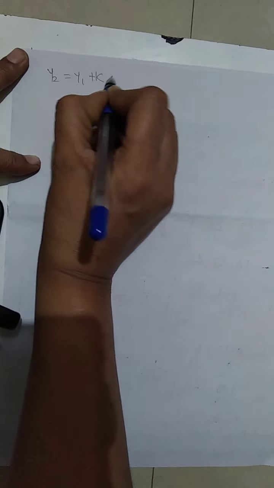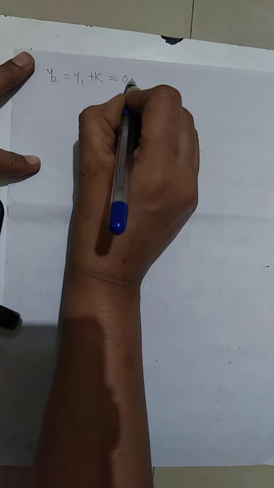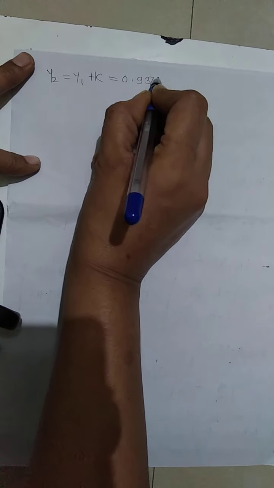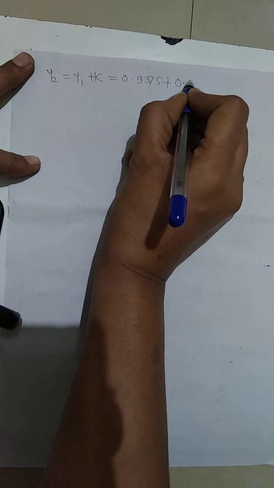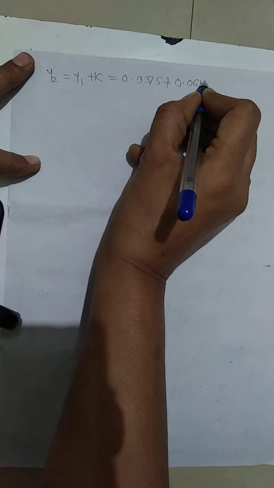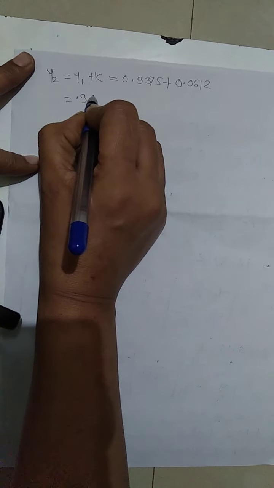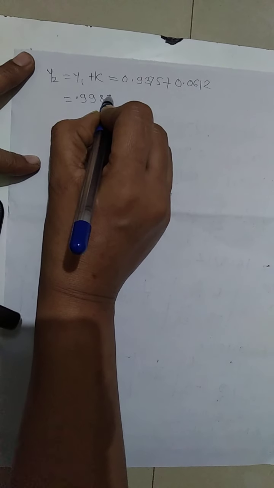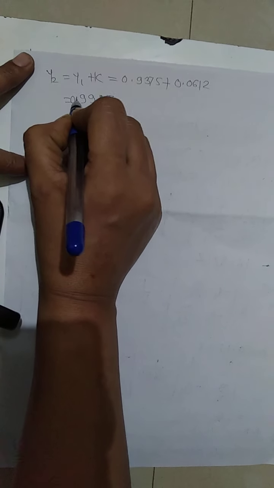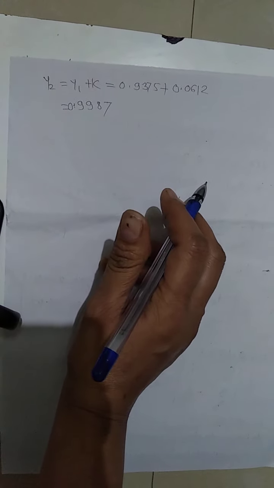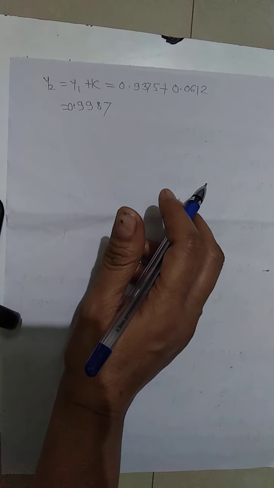Then find y2. y2 is equal to y1 plus k, and that is equal to 0.9375 plus 0.0612, and that is equal to 0.9987. That is the value of y2.